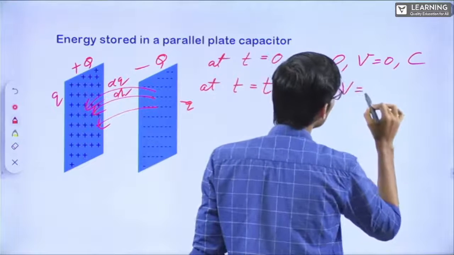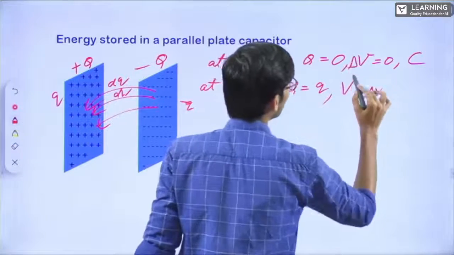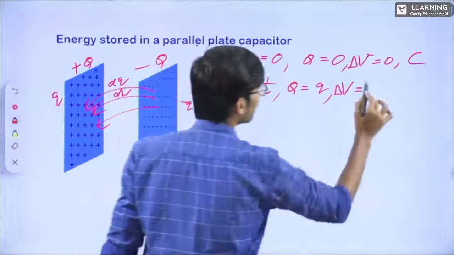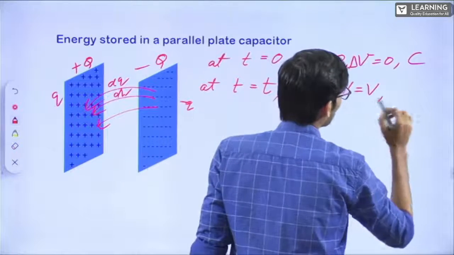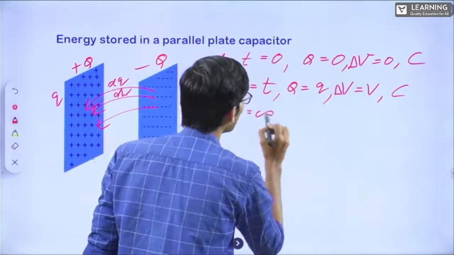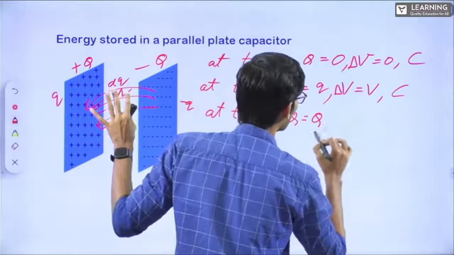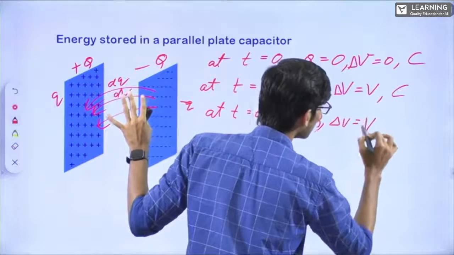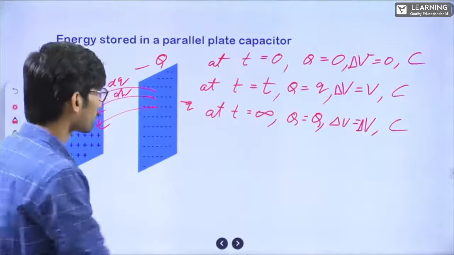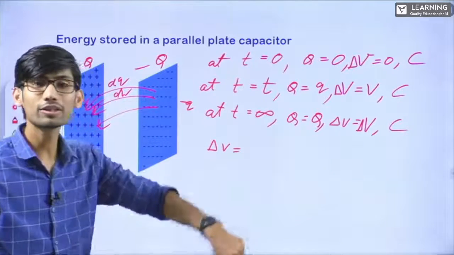There will be some potential difference, delta V. Let's say this potential difference is V. Capacitance will again be C. At t is equal to infinity, when this is fully charged, Q is equal to Q, delta V is equal to V, and C will be C. Now here, potential difference is equal to work done per unit charge, if you remember.